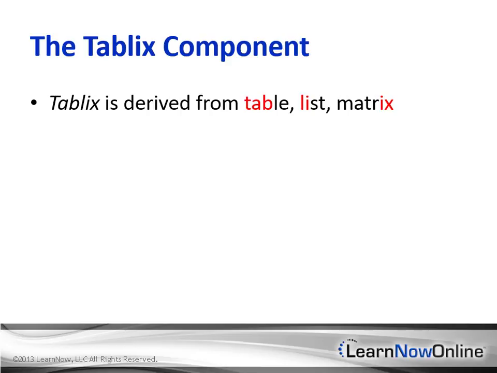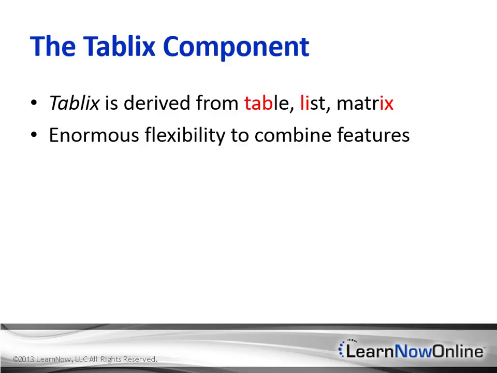Something that's interesting about using a single Tablix component to support both table and matrix data regions is that you have enormous flexibility in how you can combine features from both. For example, you can use a Tablix to combine the static columns of a table with the dynamic columns of a matrix, using both to display data in the report.